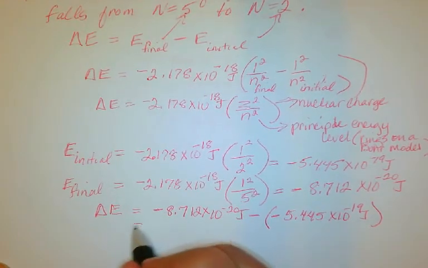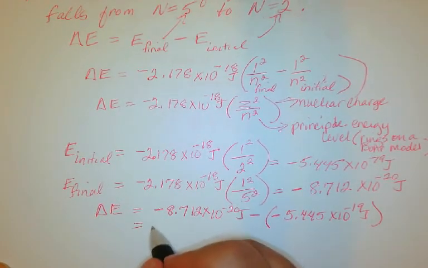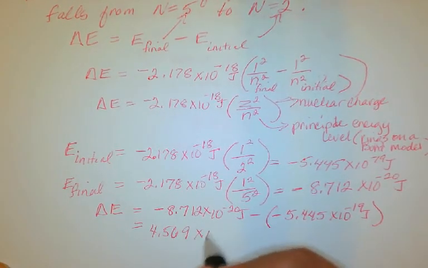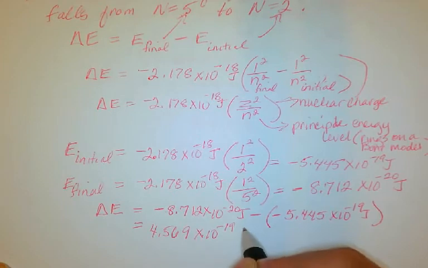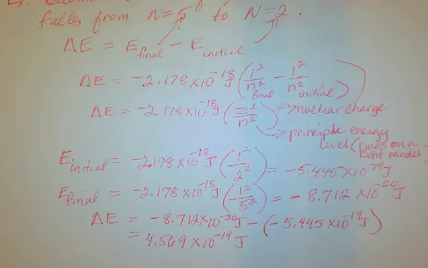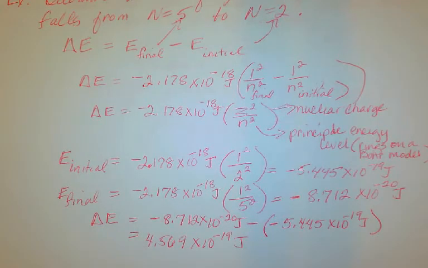That's going to give us then a final answer of 4.569 times 10 to the minus 19 joules of energy will be released when it falls from N5 to N2. It would have required the same amount of energy to jump up to that location.